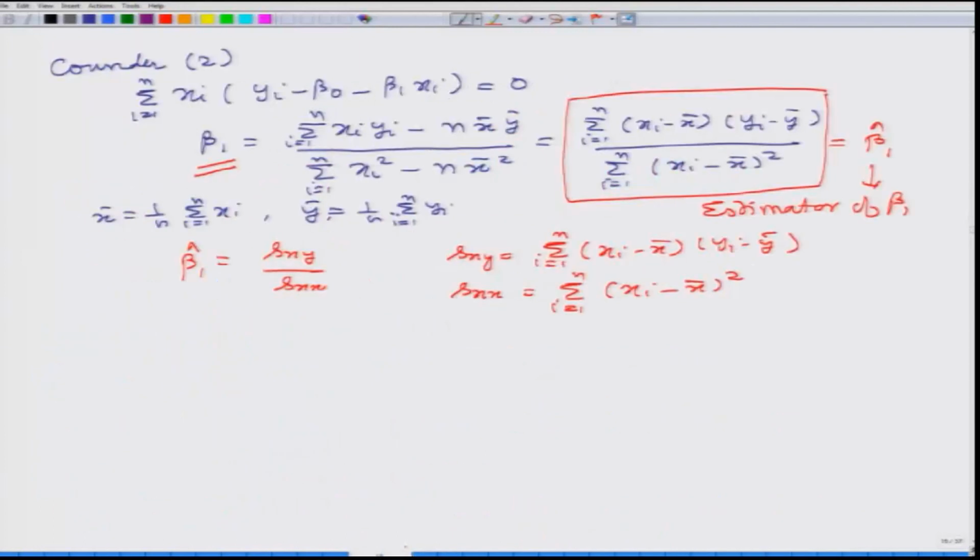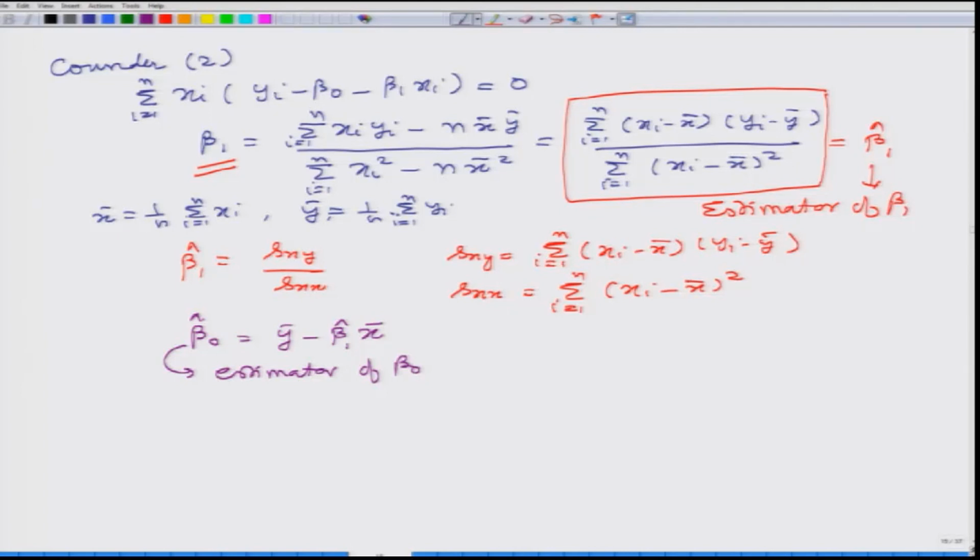So, if I replace beta 1 by beta 1 hat in this expression, I can again estimate my intercept term. So, this beta 0 hat is an estimator of beta 0.